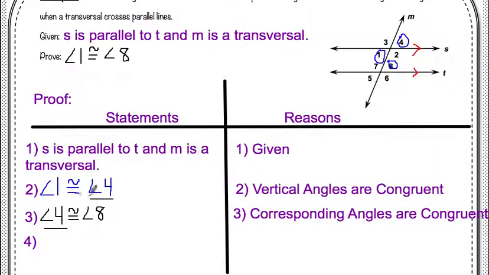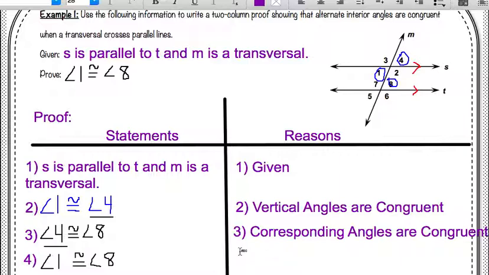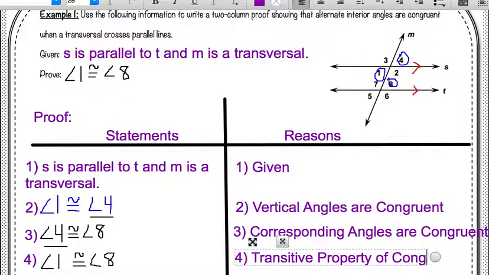Therefore, this first angle and this last angle are congruent to each other. Angle 1 is congruent to angle 8. So this is the transitive property of congruence, and it's congruence because we're dealing with a congruent symbol.